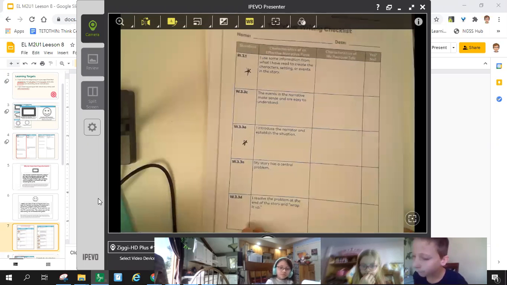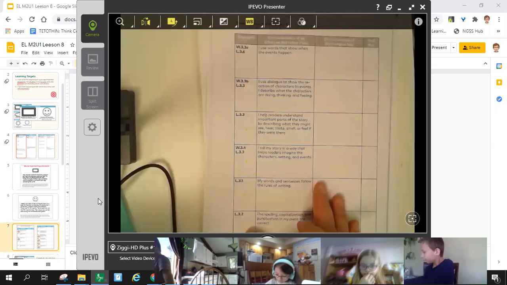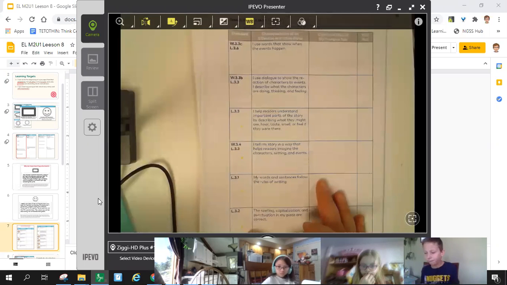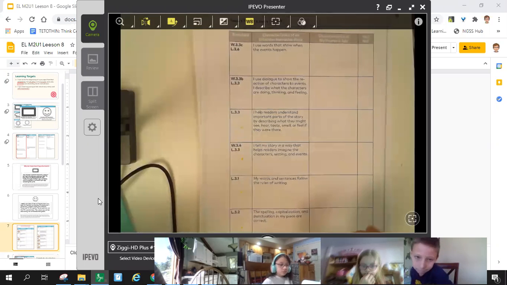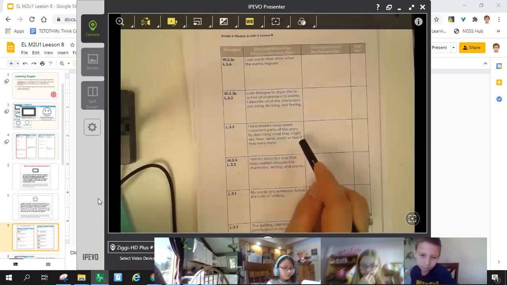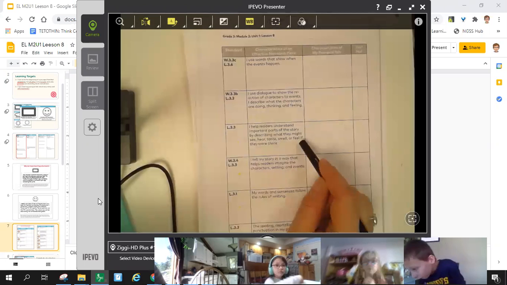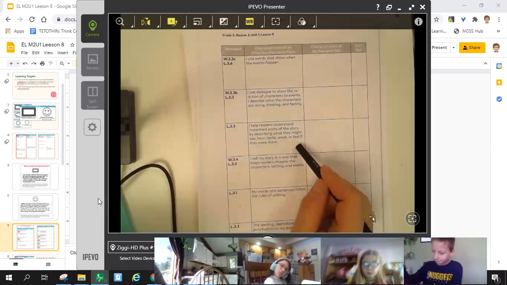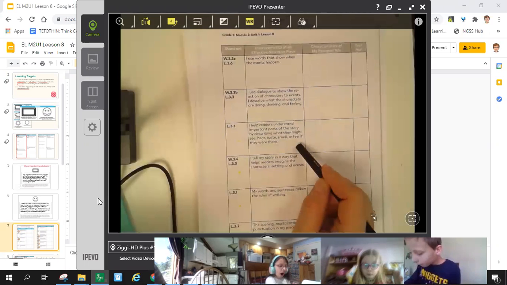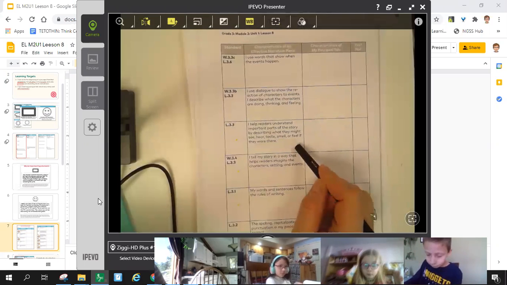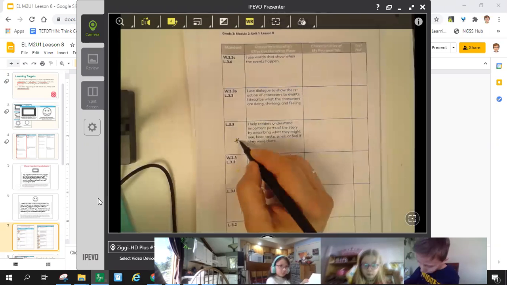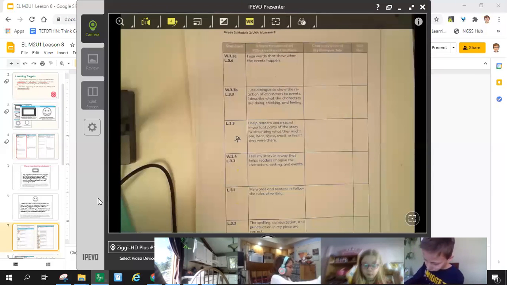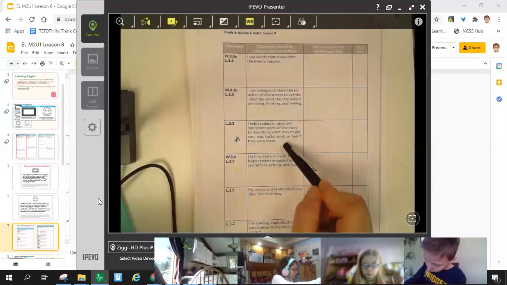Then if you look at page 26, there are some things that you are going to work on a little bit today. If you look at the third one, it says, I help readers understand important parts of the story by describing what they might see, hear, taste, smell, or feel if they were really there. And this is what Mrs. Harrison was talking about when she said precise words today.